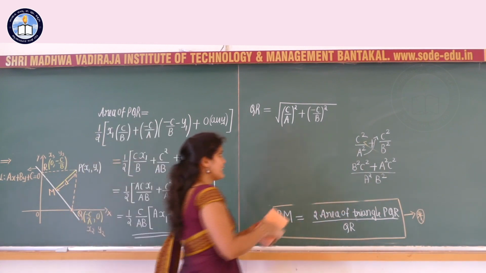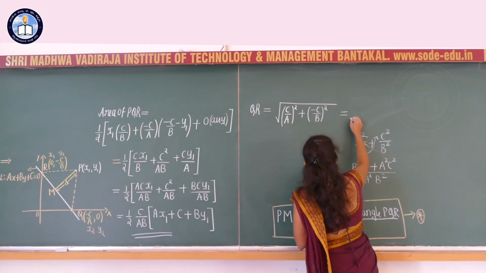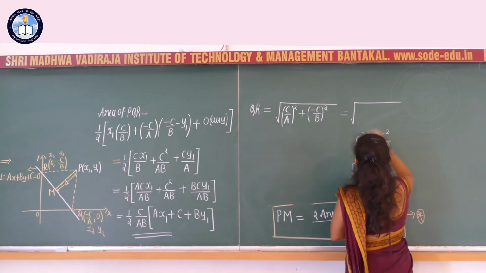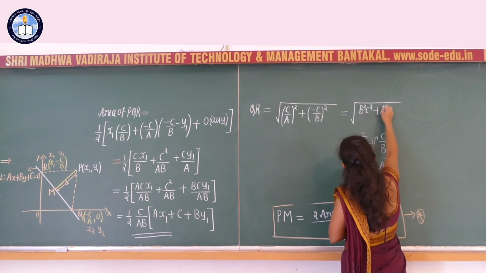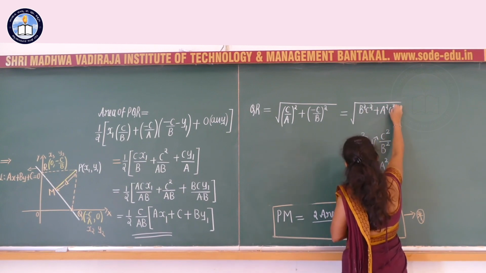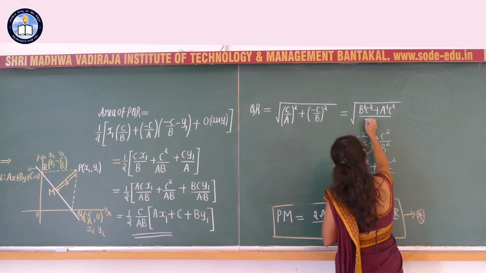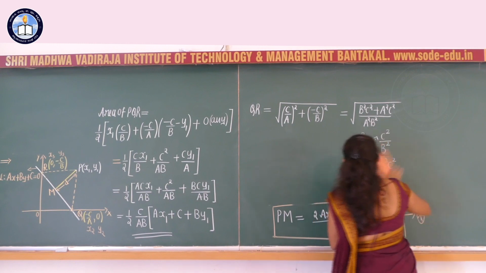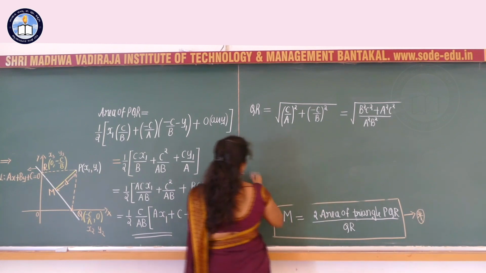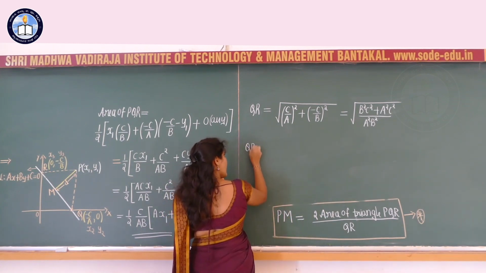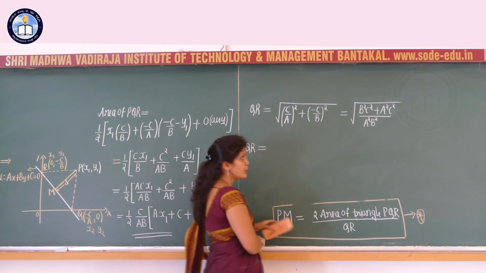Or I can write it as the square root of b square into c square plus a square into c square divided by a square into b square. So which I can write it as QR.